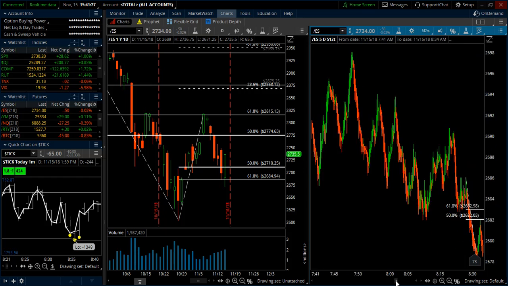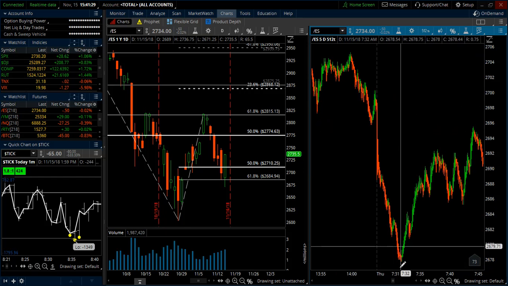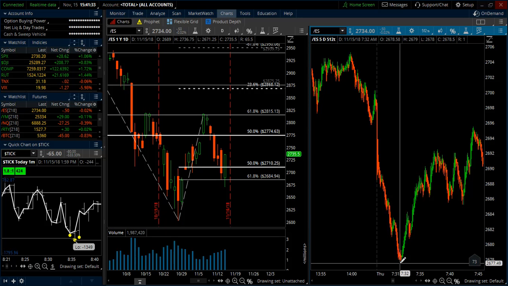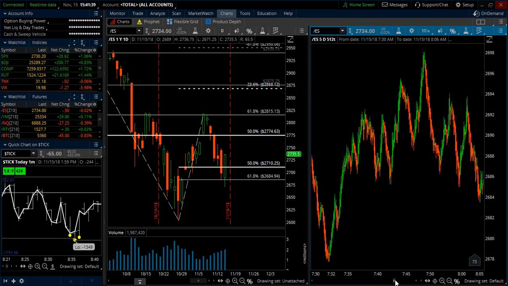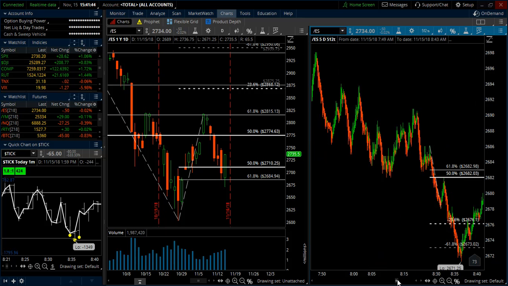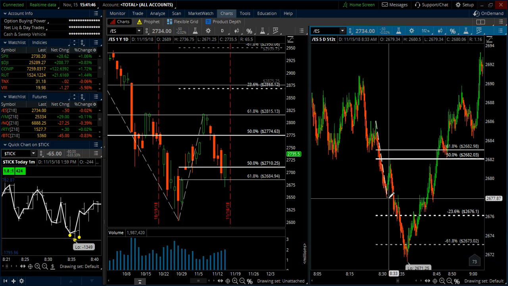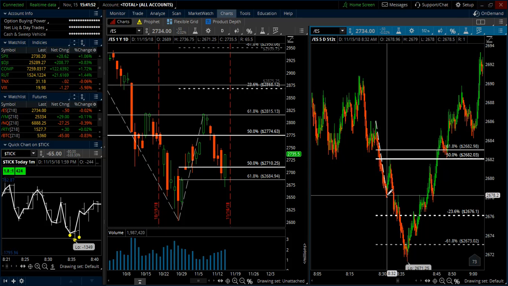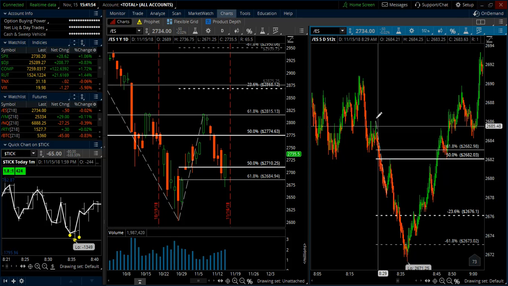If we come over to the open, we can see that we did dip down, and that low was 2678. As we came over later in the morning, about an hour in, 2678 was also the area where the market started to move lower.